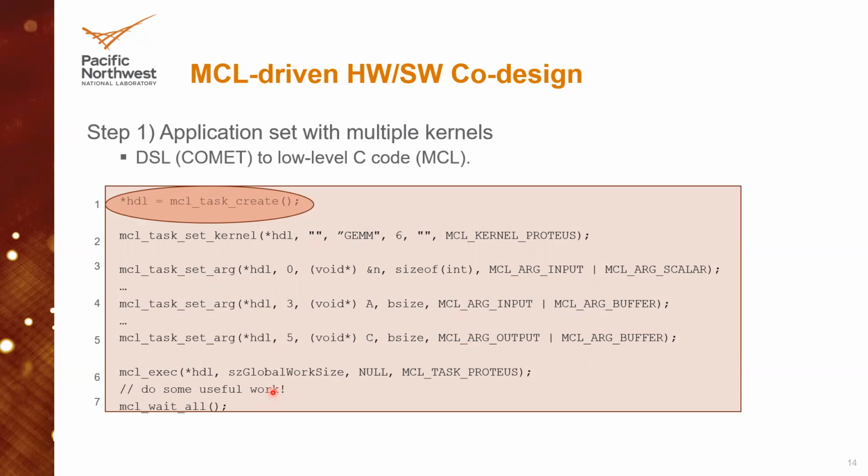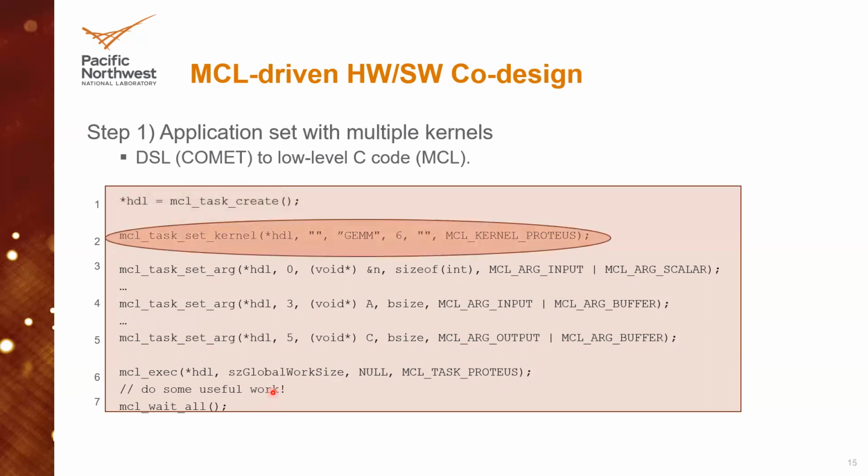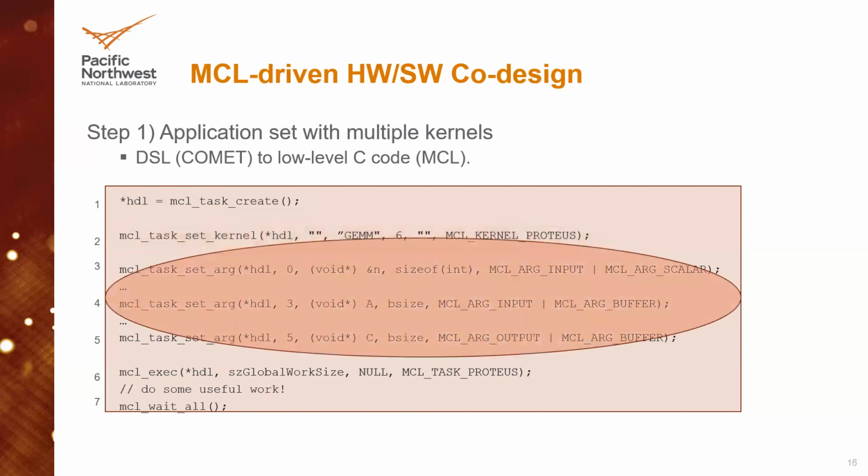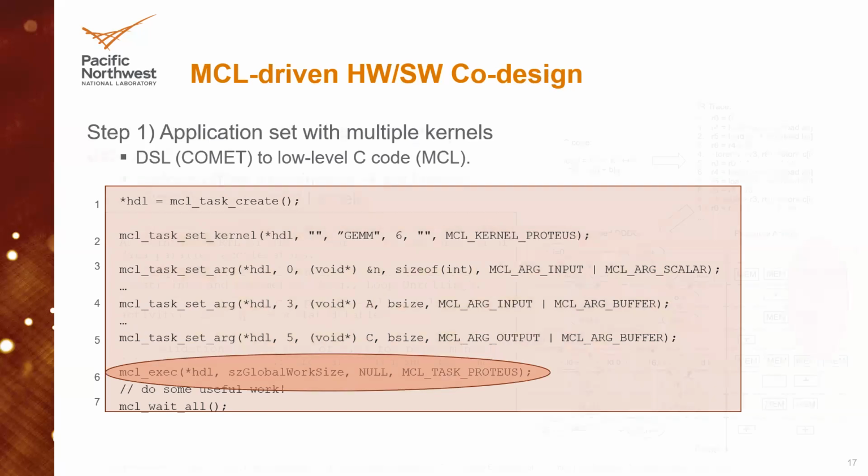And if you're familiar with OpenCL, there is a lot of similarity here where you create a task, you set the kernel, and here you're saying that this is supposed to be done on the fixed function accelerator. So there's no need to provide the kernel code, which needs to be compiled at runtime. Then you set the arguments, and you execute the kernel on this Proteus device.